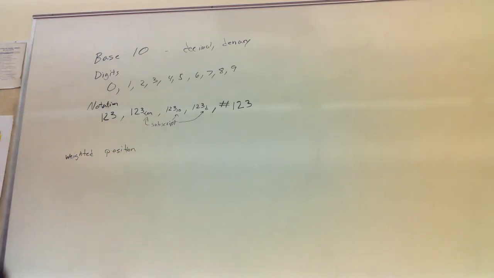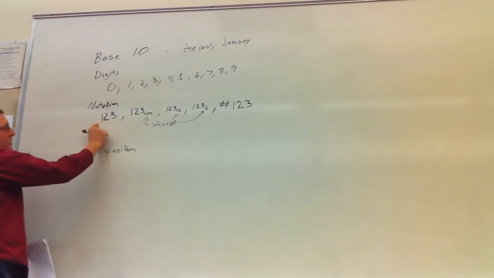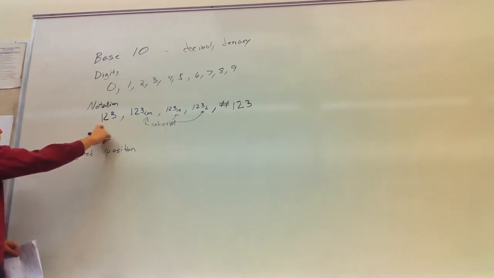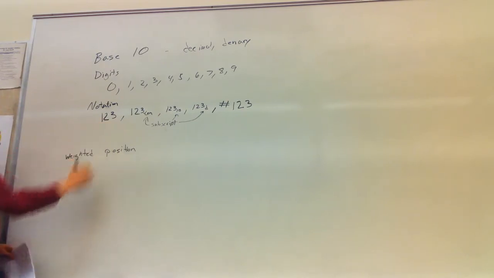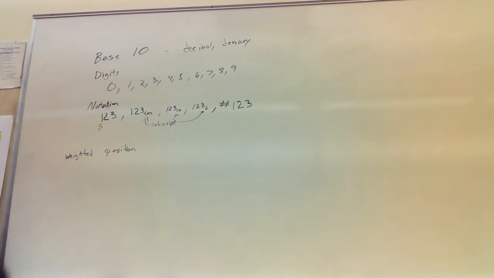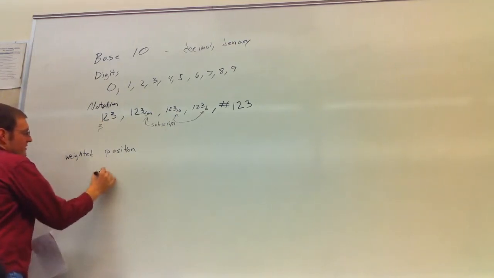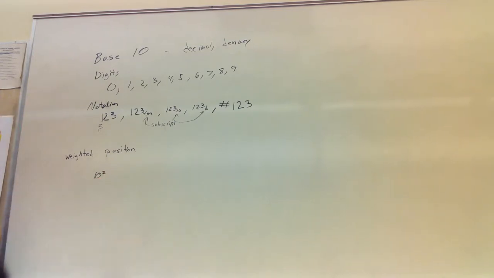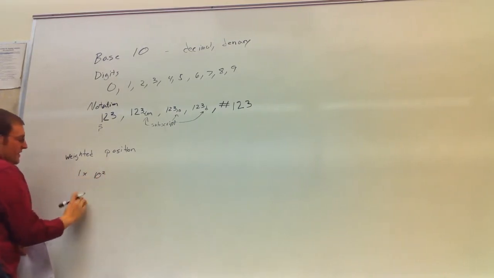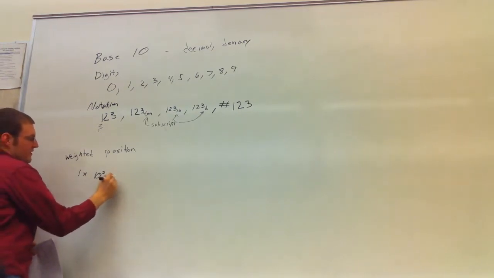We have this notion of weighted position. If I take this number, 123, we know it's 123 by the fact that this 1 is in the hundreds place. So you go 10 to the second power, so we can denote the number as 1 times 10 to the second power, which is 100.